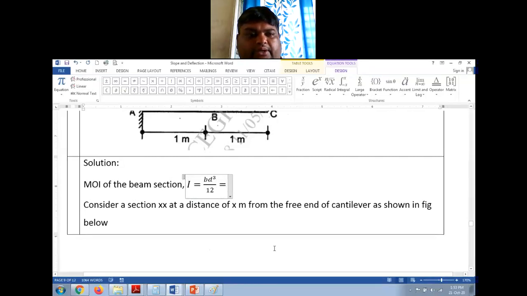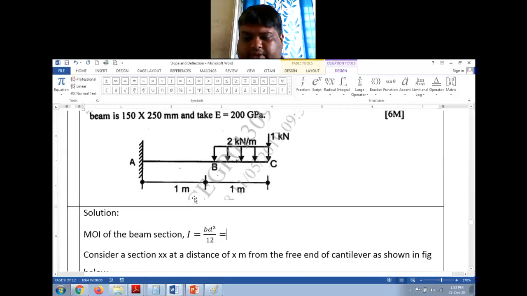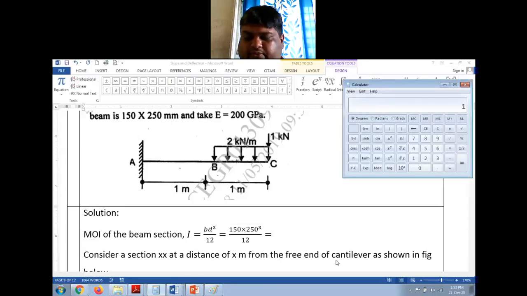So B here is 150, 150 into depth 250 cubed, divided by 12. So this value will be 150 into 250 cube by 12. That's huge.